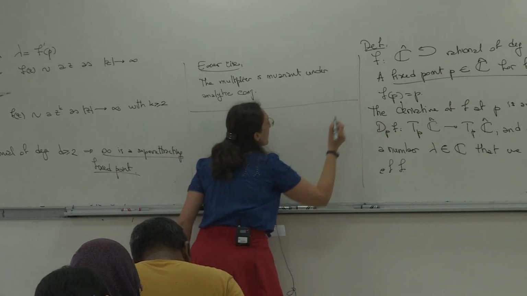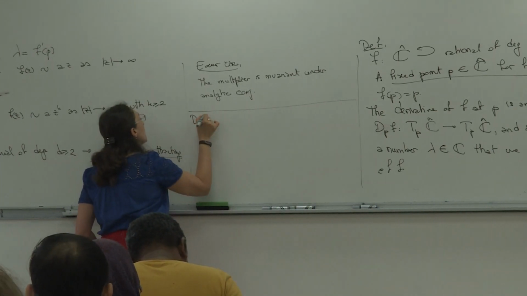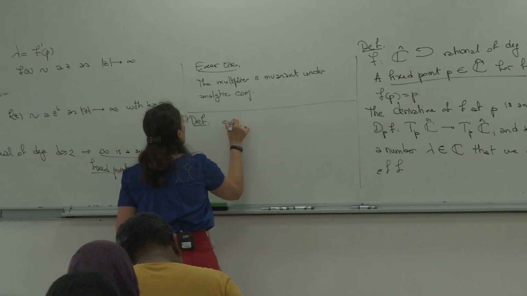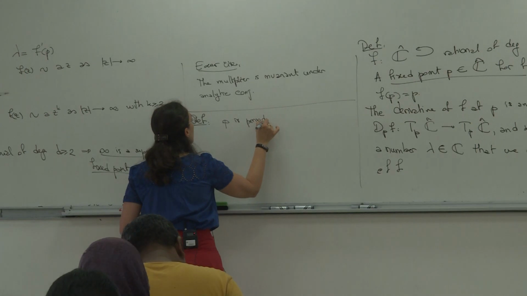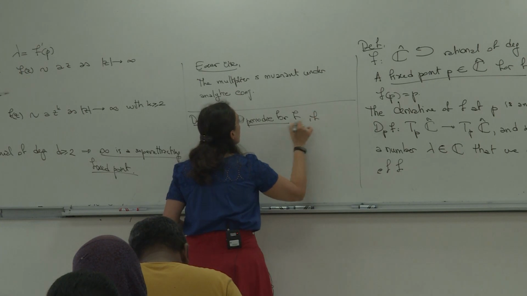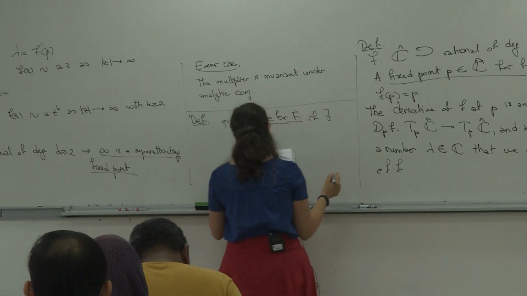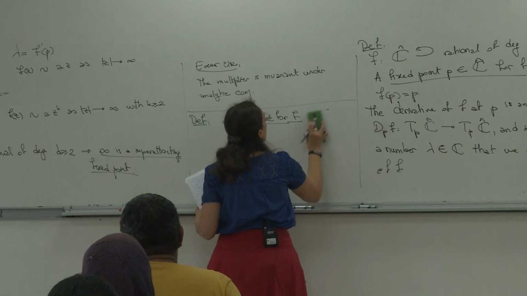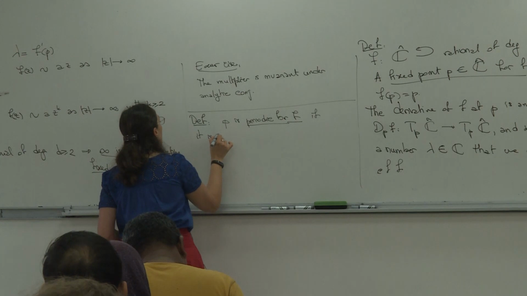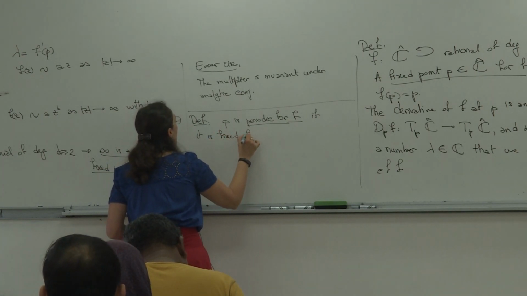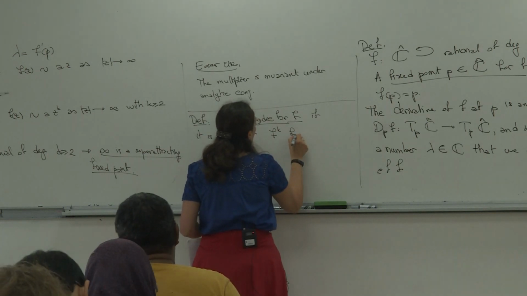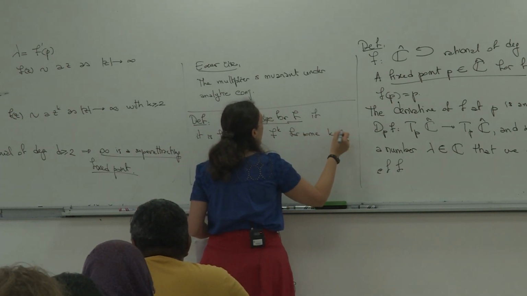And so, well, once we have the definition of fixed point, you can define a periodic point. So, well, P is periodic for f if it is fixed for f iterated k times for some k bigger than 1.